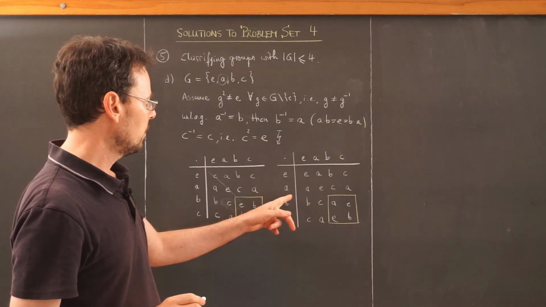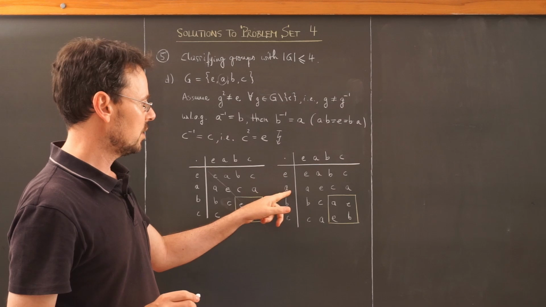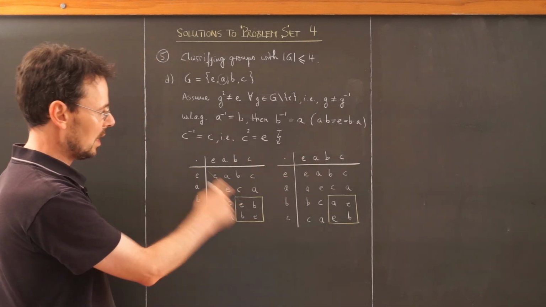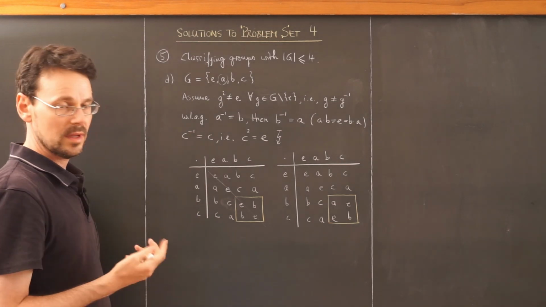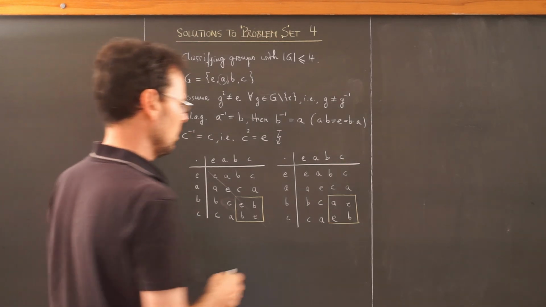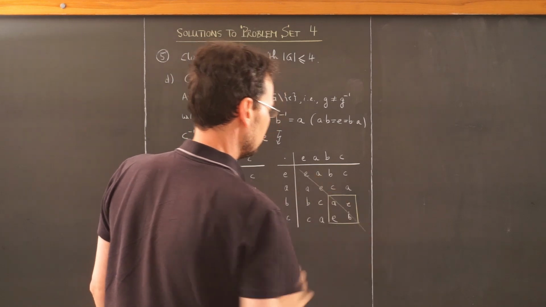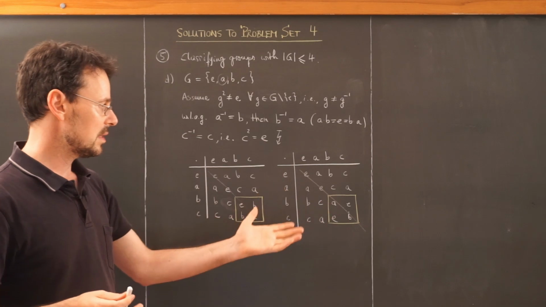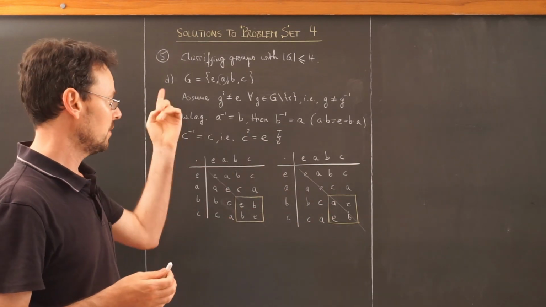So here there's exactly one element which is its own inverse, besides the identity of course, and here all the elements are their own inverses. And this also is a commutative group because of symmetry, and those are obviously different operations on the same set.